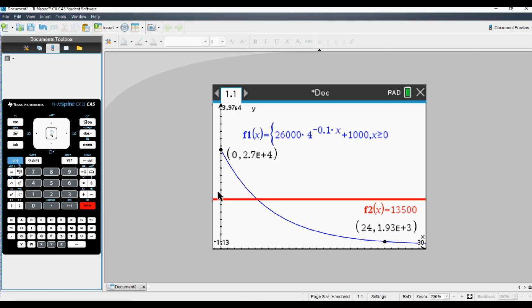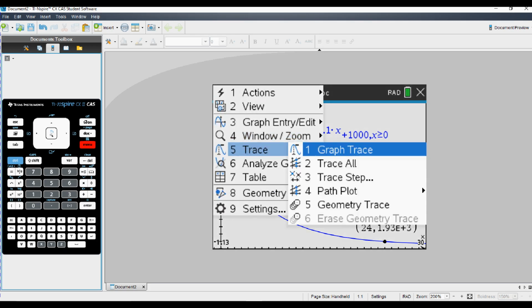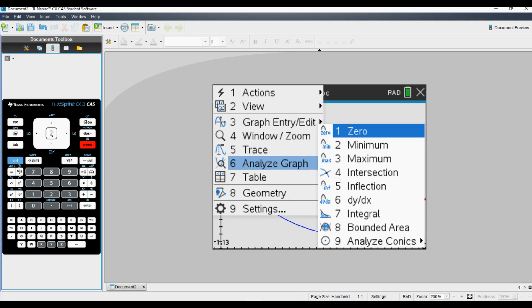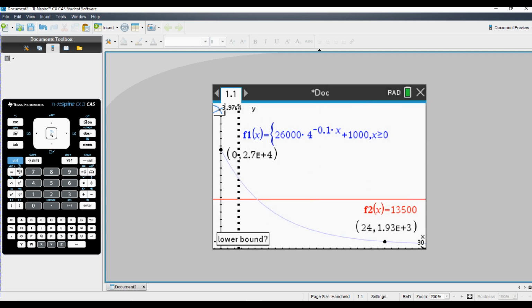How could we do that? We go to the menu and you need to do analyze graph. There are many options. Of course, you are going to find the intersection, and you need to find the lower boundary and the upper boundary. Then you get a point.